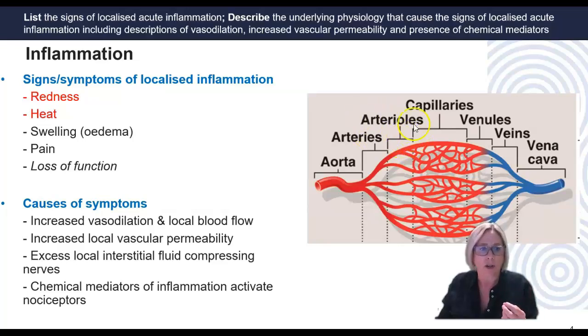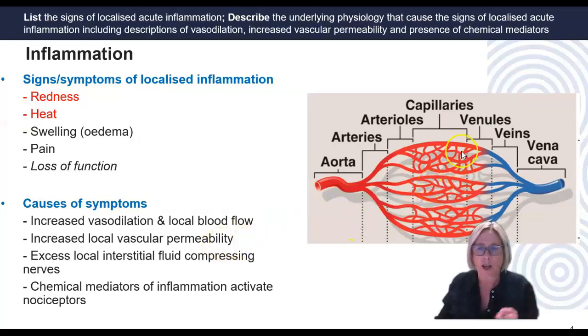And these arterioles literally vasodilate. So that vascular smooth muscle in the walls of these arterioles relaxes, and that will allow more blood flow then into this capillary bed, which will then open up. And that causes the redness and the heat in that local area.